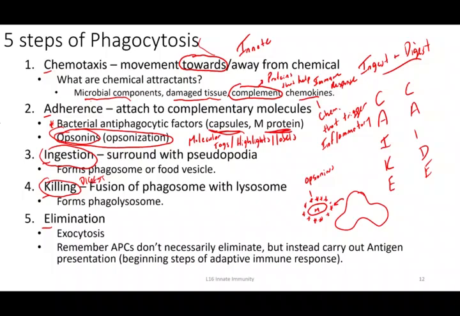So bacteria are trying to make it harder. Our immune system is trying to find ways of making it easier. And so this is a battle that's going on. And as we learn, some bacteria are better able to avoid this. And because of that, they're more virulent and better able to cause disease because they can avoid our immune system, and more specifically, avoid adherence during the phagocytosis steps.